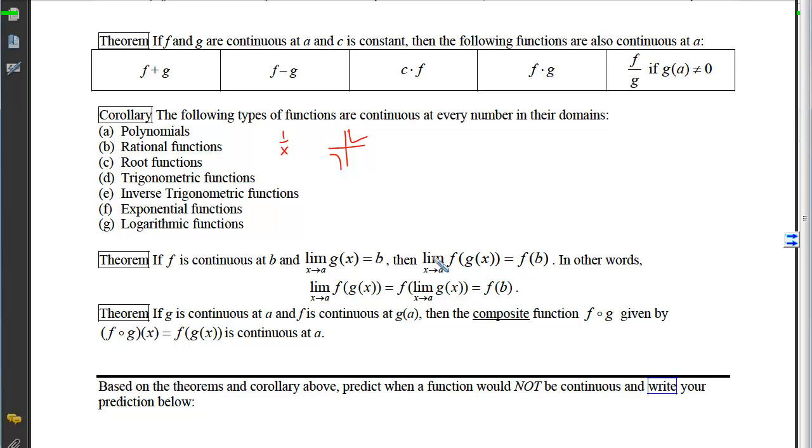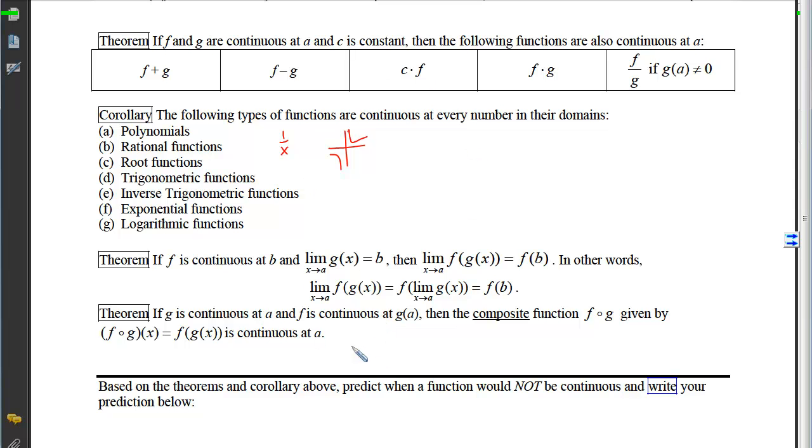And if we look carefully, it looks like I took this limit and put it inside and computed this limit of g of x, which was b, and I can just get the output. So that gives us another nice benefit of limits and continuity, is that I can pull that limit inside and outside of the functions without causing any problems. Same thing here. If g is continuous and f is continuous at the output of this one, then we can compose those functions and not screw anything up.